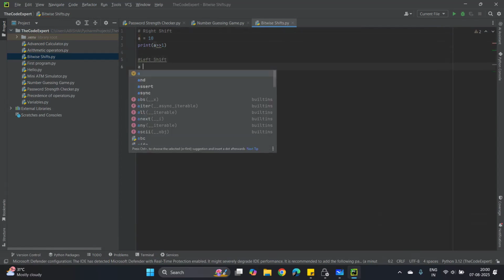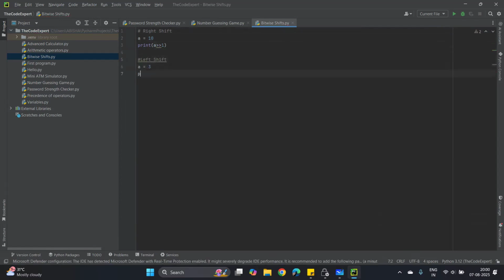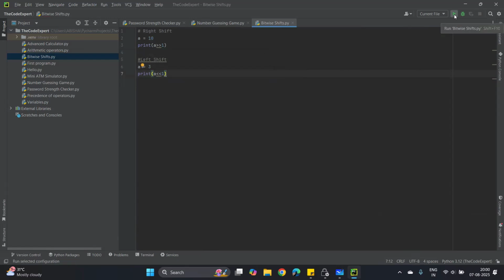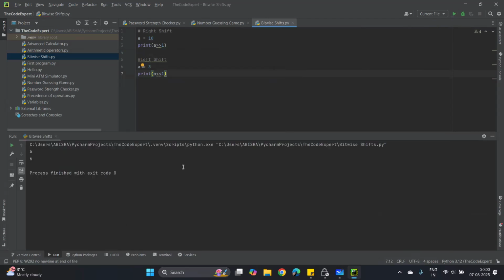I'm having a number as 3, and I'm shifting it to the left by 1 bit. Now let's execute the code. As we had solved in the explanation part, we have already got the output. That is, the right shift of 10 is 5 and the left shift of 3 is 6.